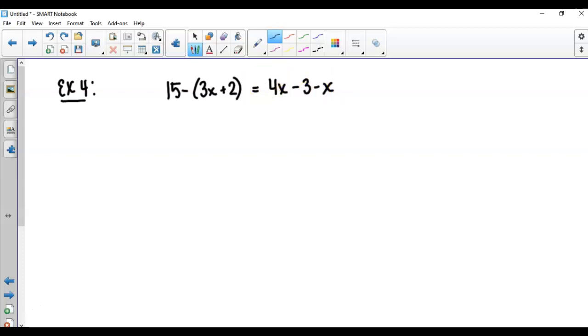No, let's make that negative right there and positive right here. There we go. Alright, so if we're going to solve this equation, the first thing we have to do is distribute this little negative right here. So we're going to distribute that negative, and so we'll have 15 minus 3x minus 2.